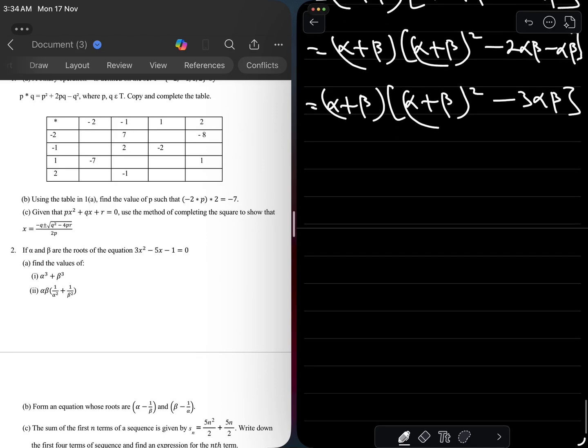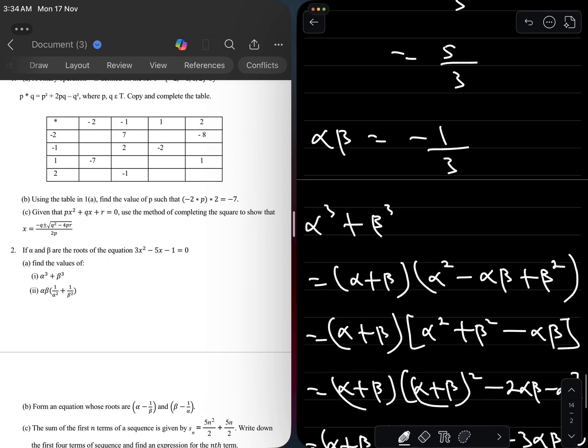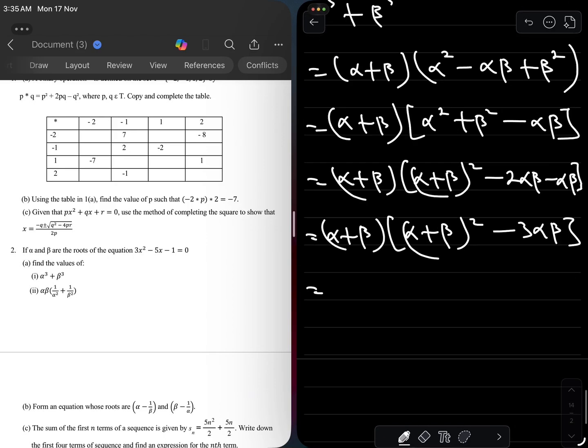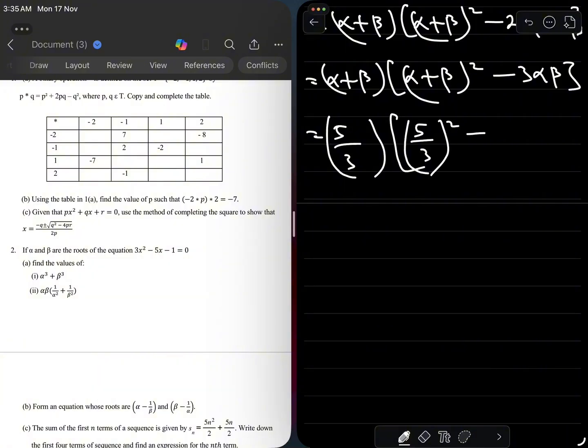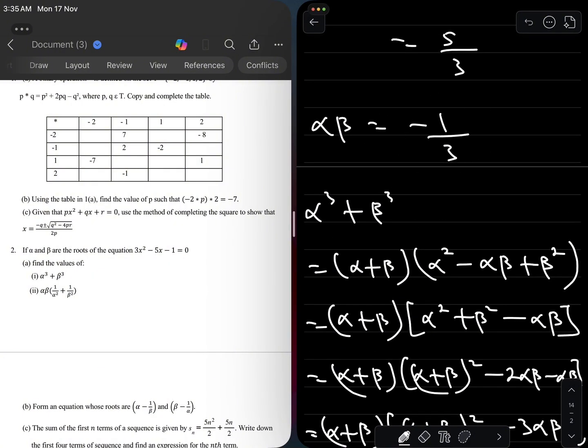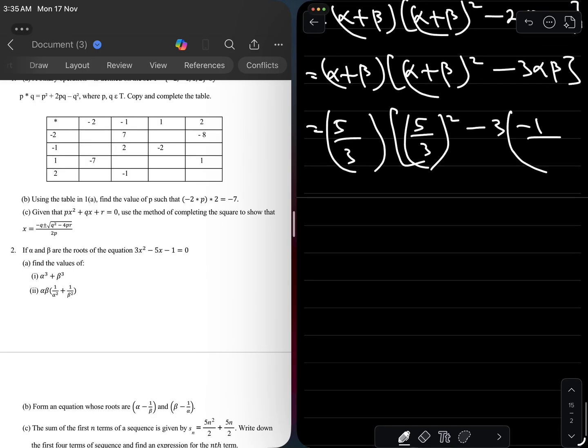And that simply means alpha plus beta is 5 over 3, into bracket 5 over 3 squared, minus 3 alpha beta. Alpha beta is minus 1 over 3. That's minus 3 into bracket minus 1 over 3.